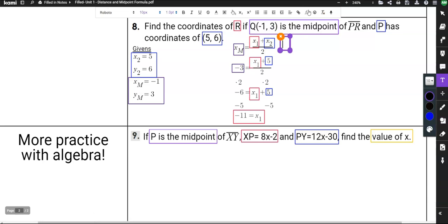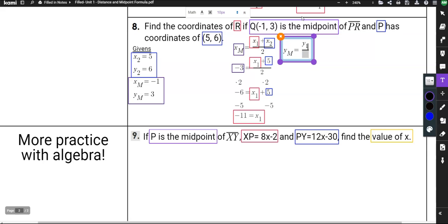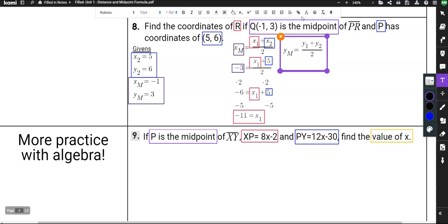Now we're going to repeat all of that, but with the y, of course. So y of the midpoint is going to be equal to y sub 1 added to y sub 2 and divided by 2. Substitute in the known information.